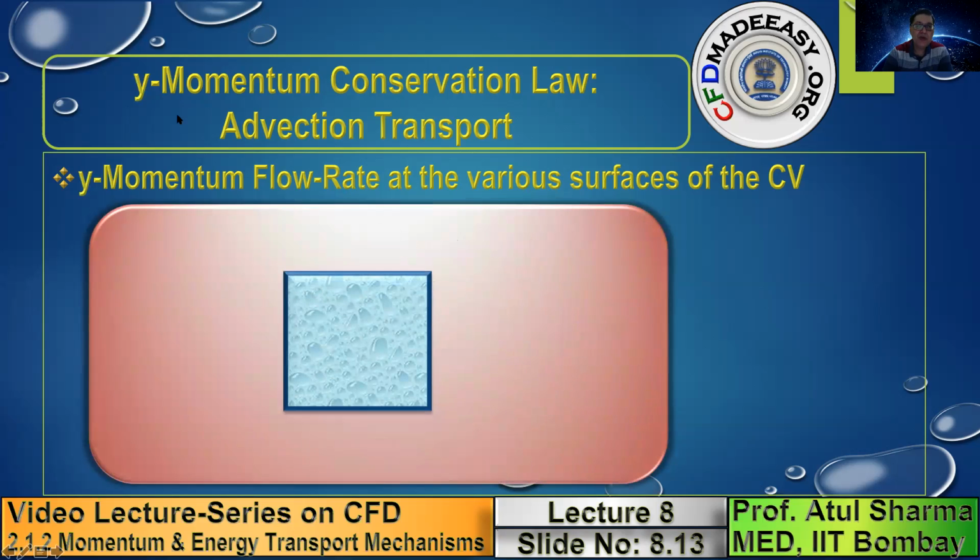Similarly, when you go to the y momentum conservation law, the advection transport at the various surfaces of the control volume, I will show you the y momentum flow rate as shown here. When you consider the bottom surface, the mass flux is in the vertical direction. Here the passenger, which is the v velocity, is also in the vertical direction.